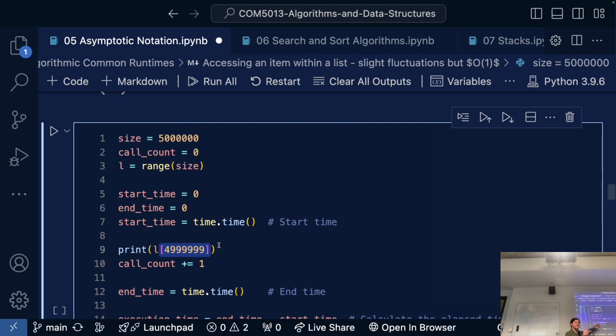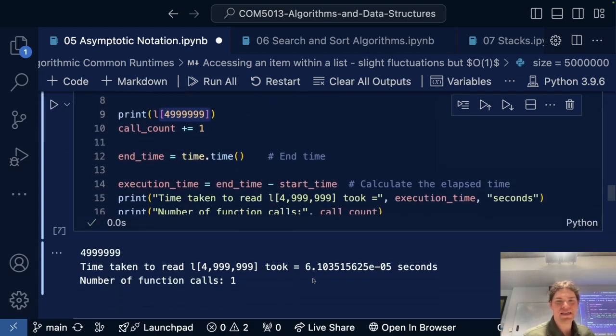If it was a singly linked list of 5 million elements with no tail pointer, I'd have to iterate all the way through to get to it. Yes, it would. Should take me roughly 10 seconds, shouldn't it? But here, because it's indexed, I should be able to get to it in the same amount of time as I would the first element. And that's what I'm going to try and demonstrate to you, okay?